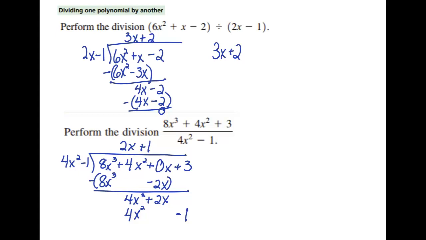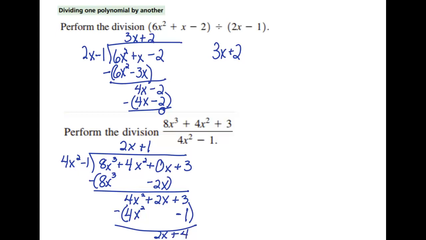Let's bring down our plus 3 from the original. Draw our line and subtract everything in the second line. So this cancels out. 2x minus nothing is just 2x. And 3 minus negative 1 is the same thing as 3 plus 1, so that's 4.